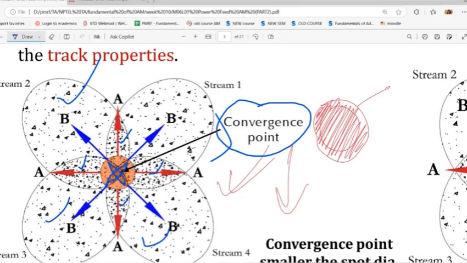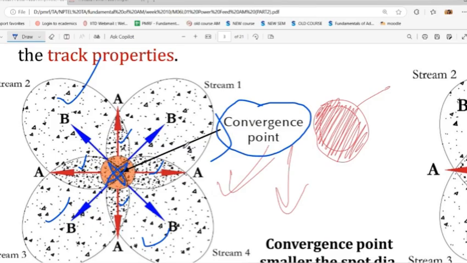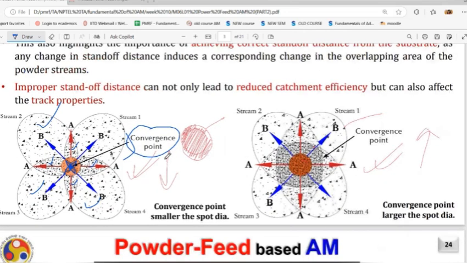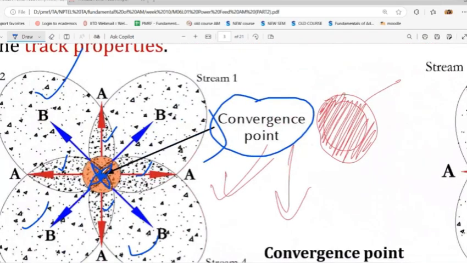And I need all my powder streams to overlap onto each other at the laser focus spot. In the laser focus spot, only this petal-like structure, these two petals, is actually the overlap zone, and this much is the complete overlap between four streams, and the laser spot is this much. That means when I try to deposit the material, the deposition rate will be very low, because at the focus zone of the laser there is not much powder.